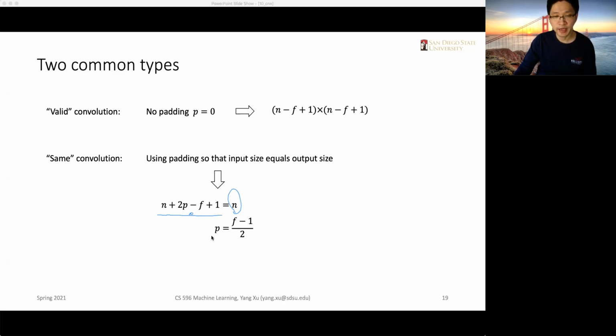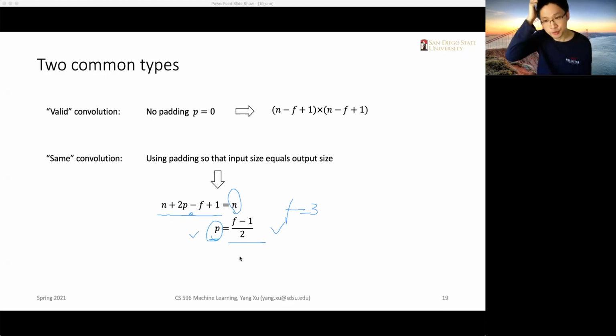The padding will be determined by f minus 1 divided by 2. So in the example before, we use f equals 3, then p would be 3 minus 1 divided by 2, which is 1.